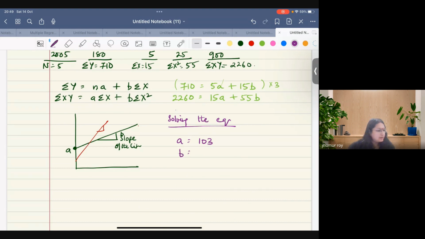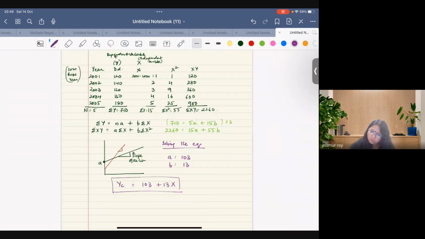And the value of B is coming as 13. So what do you write? You say that the equation of the line, you write y cap, or you can also write it as YC. YC stands for trend line, is equal to 103 plus 13x. Okay, so this is the equation of the line that you have got.